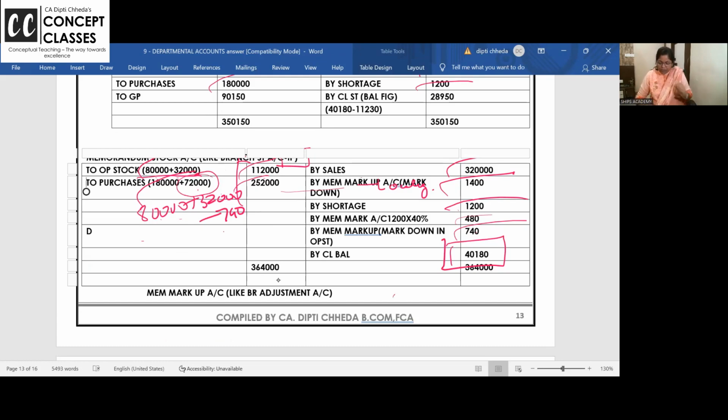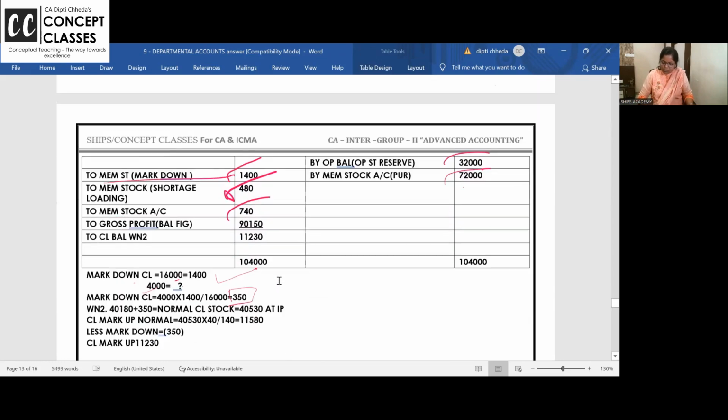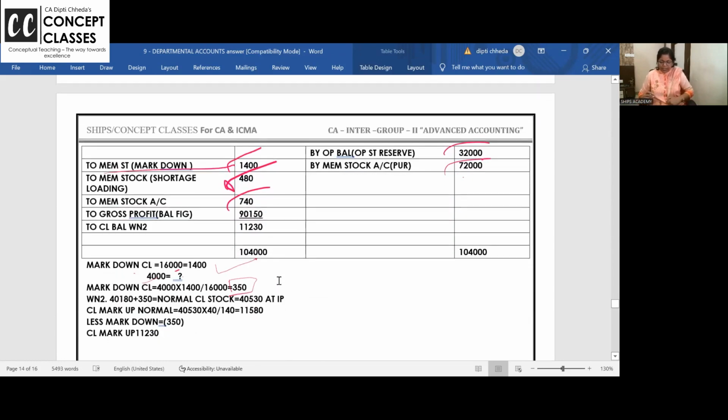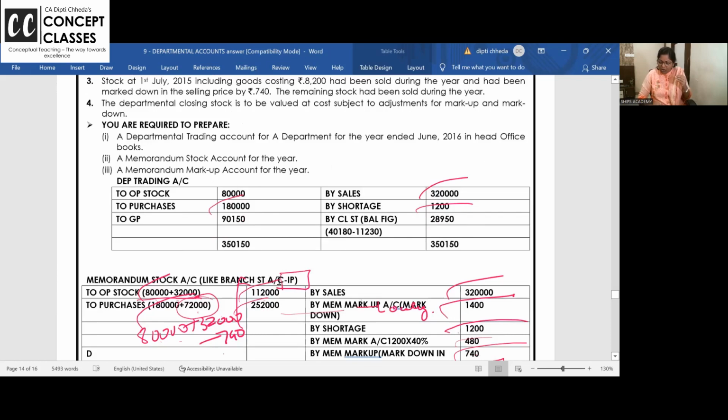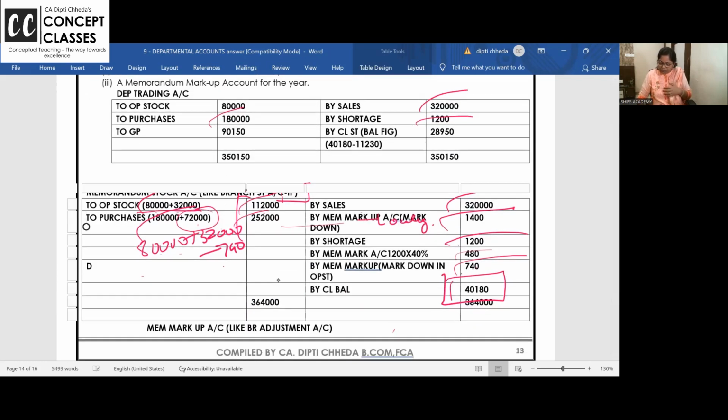Yes or no? So this 4180 is your closing stock plus 350. Why? Because 350 already is the markdown. आपने markdown किया ना 1400. ये 1400 में 350 markdown is still there in the stock.